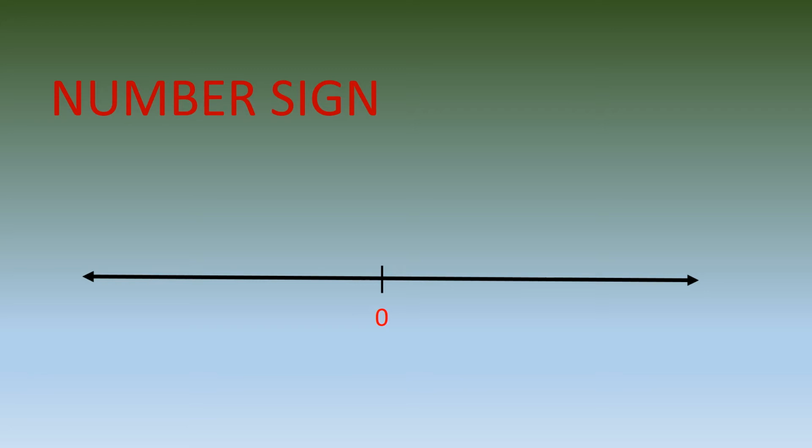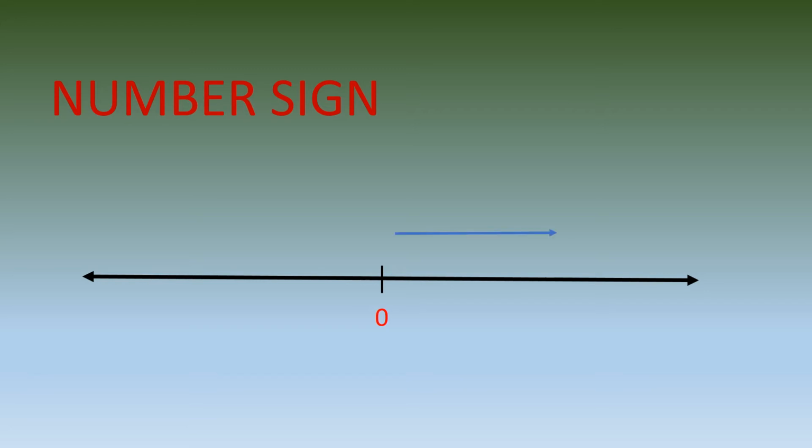We can illustrate this using the number line. Do you still remember the number line? Yes, it is composed of a line with numbers. What is the center of the line? We have 0.